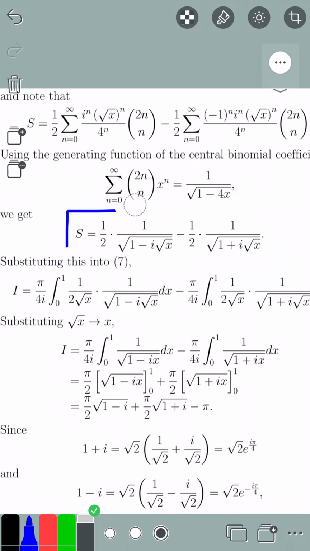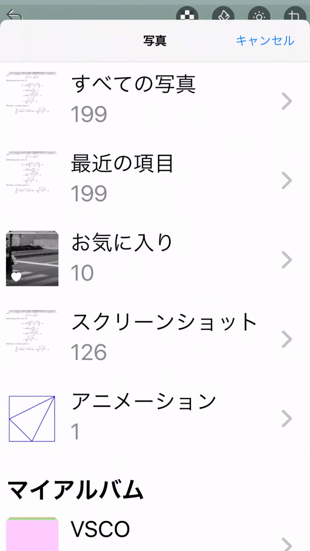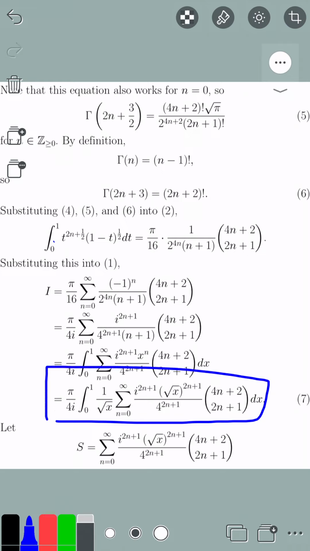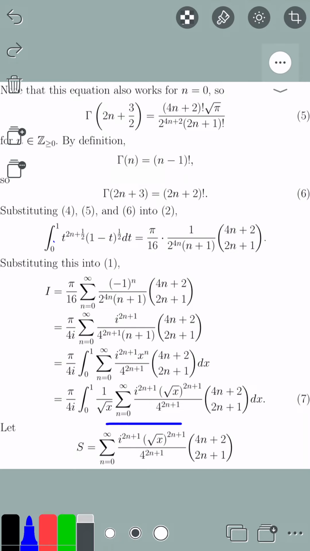So we will substitute this expression for s into this equation here to solve for I.